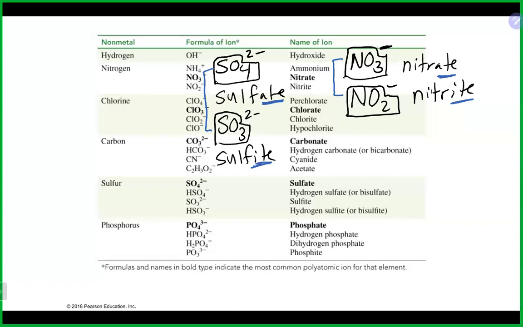Now, there are also ones that are groups of 4 that are related to each other, and that is right here with the chlorine ones. If we look at the chlorine ones, there is ClO4 minus, there is ClO3 minus, ClO2 minus, and ClO minus.